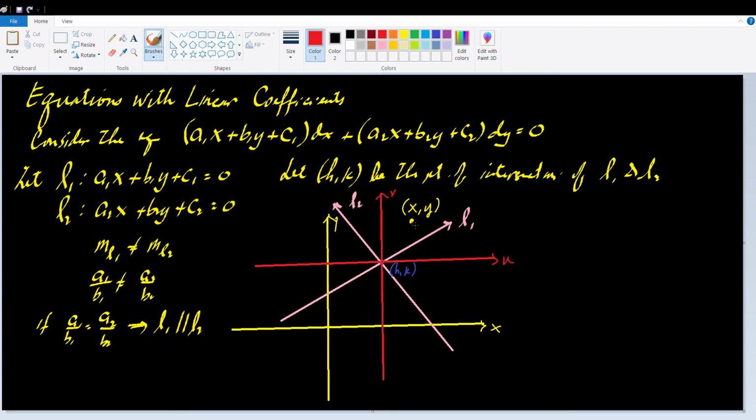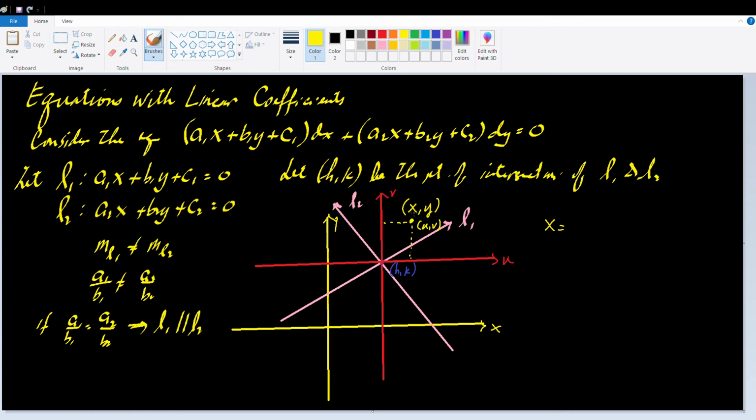Let us also express x and y in terms of the coordinates u and v. Clearly, if we are going to project this point onto the new set of axes u and v, the coordinates of that point will be u, v.